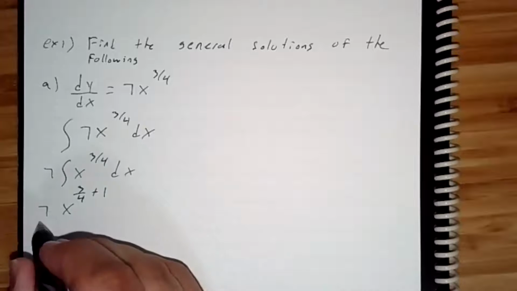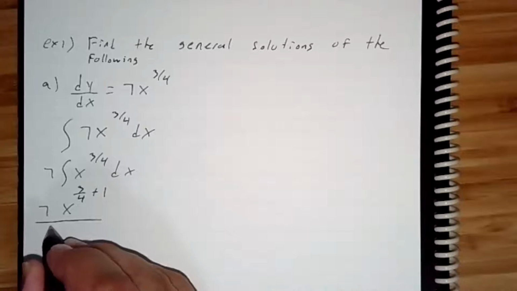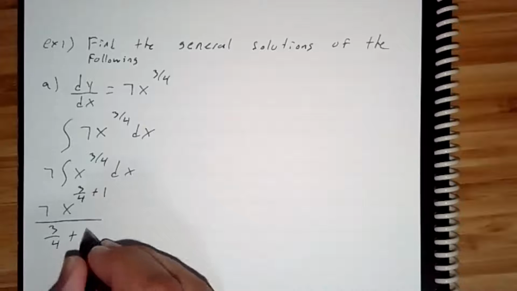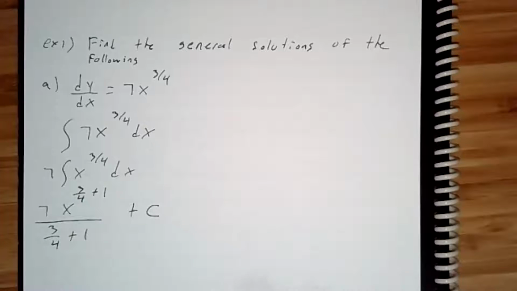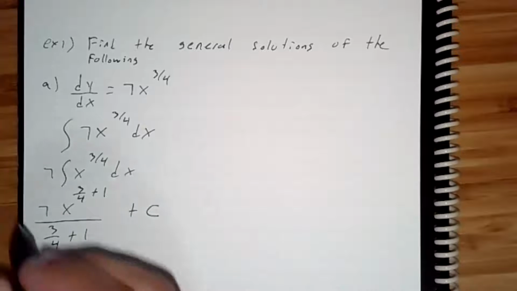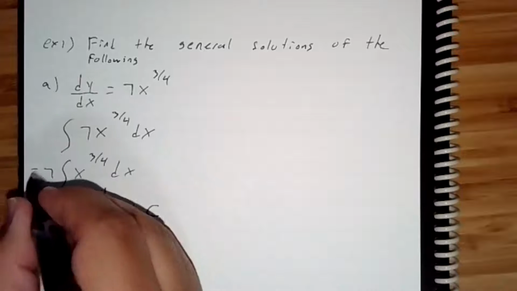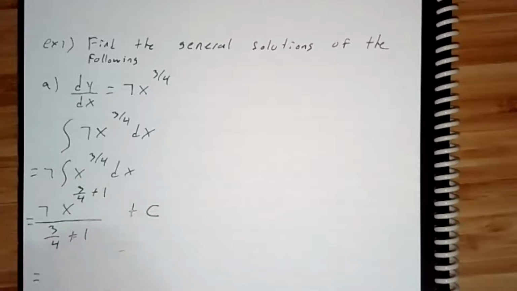And then we need to divide by that same number. 3/4 plus 1. And once you've integrated, you have to put your c and no longer write the symbol. So these are all equal here. So 3/4 plus 1, what's that going to be?